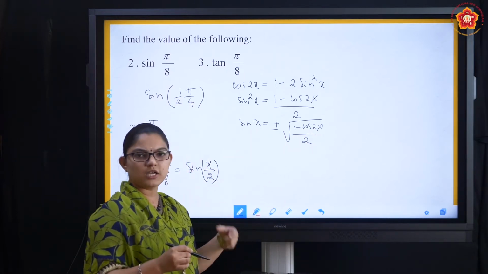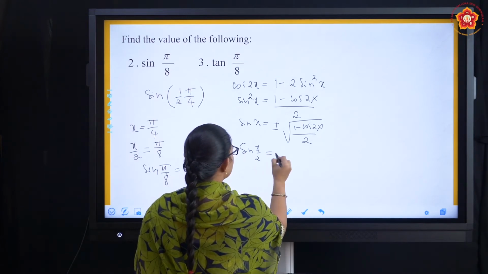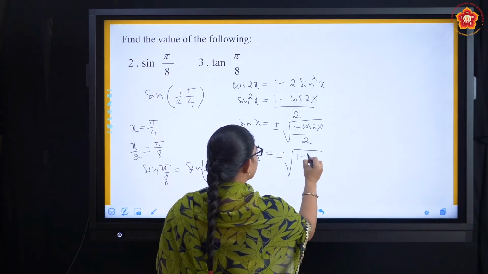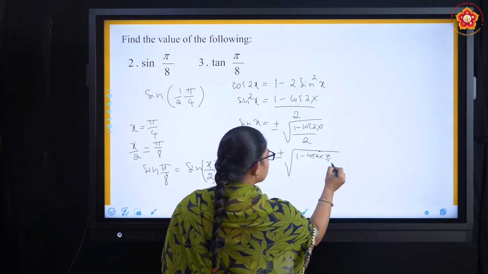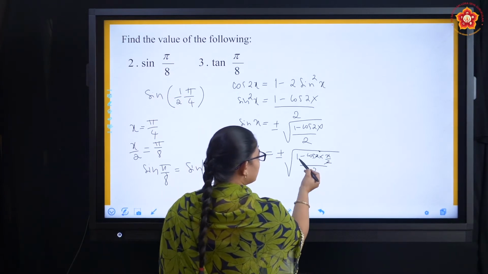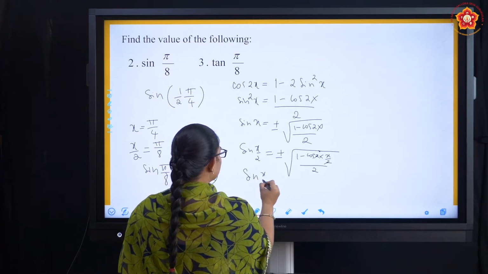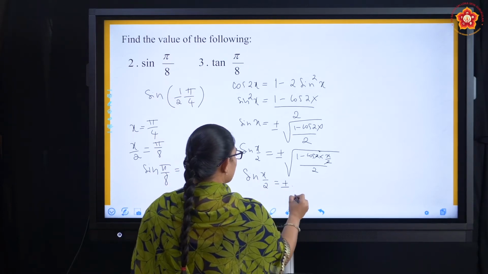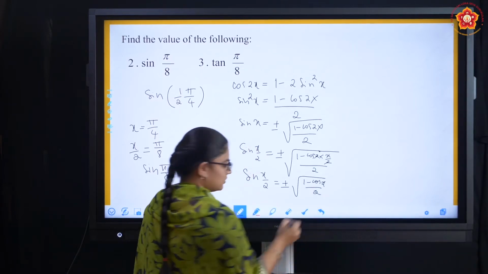In place of x you substitute x by 2. So we have sin x by 2 is equal to plus or minus square root of (1 minus cos 2 into x by 2) divided by 2. So 2 gets cancelled. So what is remaining here? 1 minus cos x. So therefore I have the formula for sin x by 2 as plus or minus square root of (1 minus cos x) by 2.